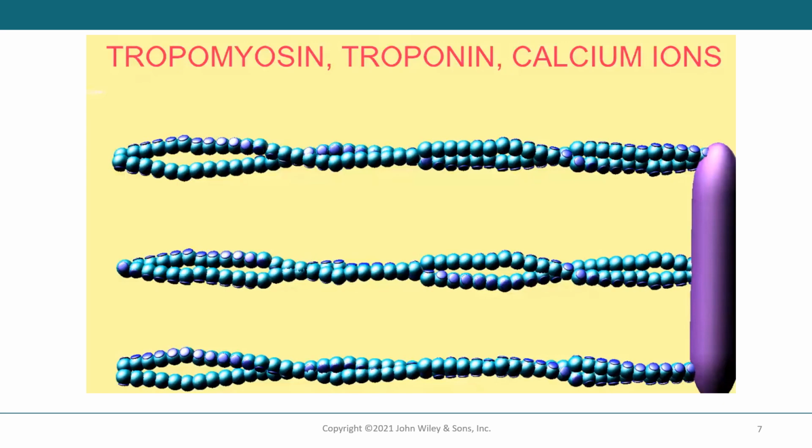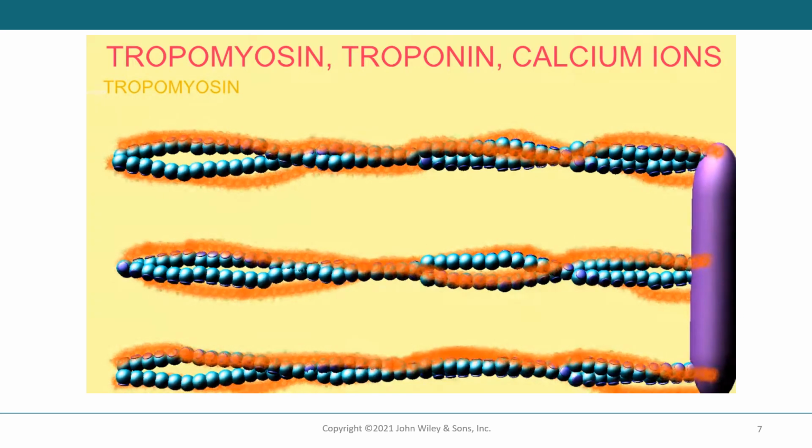At rest, the active sites of actin are covered by a rope-like molecule known as tropomyosin, which helps to stabilize the actin and also blocks the globular heads from binding to these active sites at rest. Another molecule known as troponin holds this tropomyosin in place.